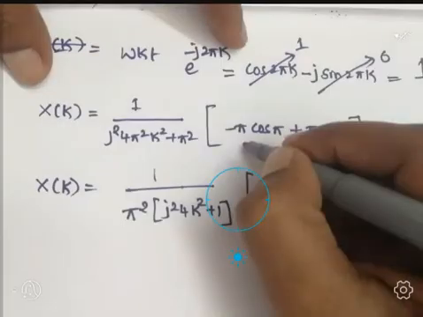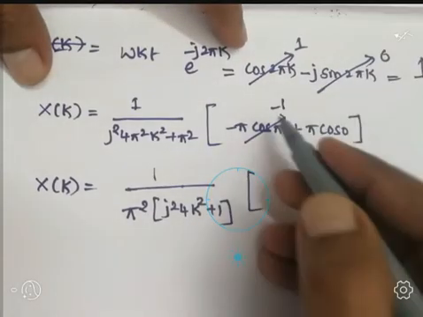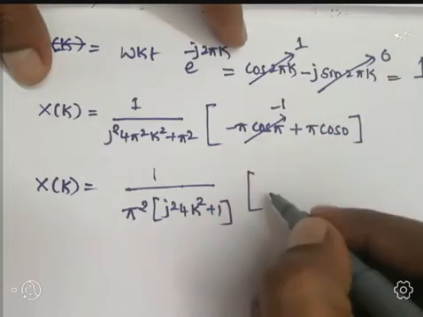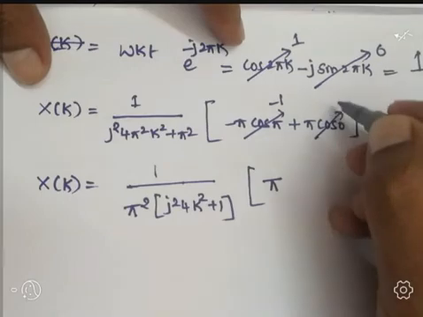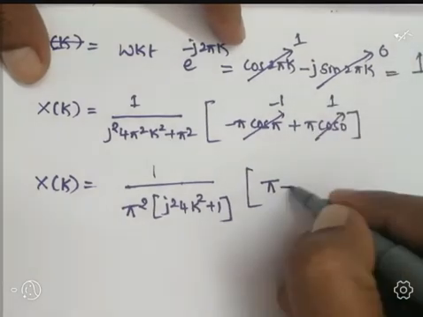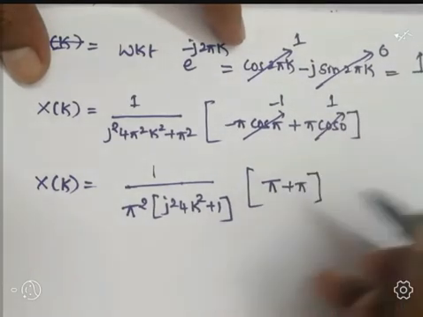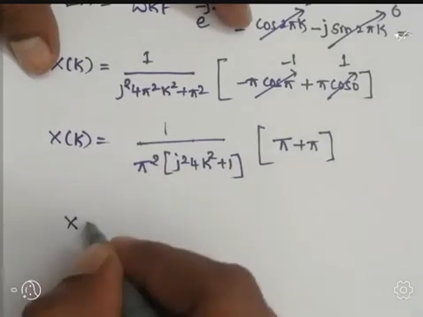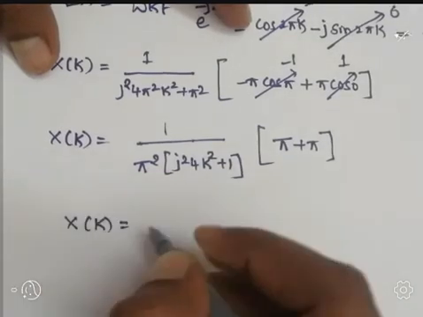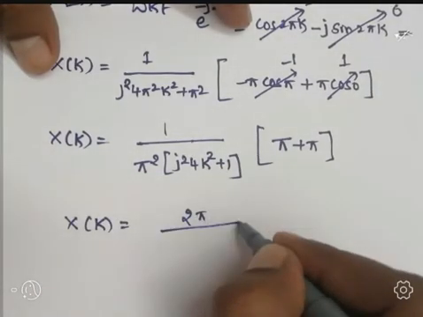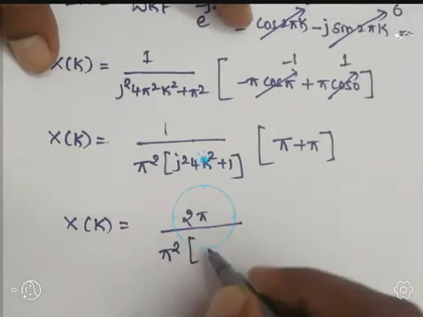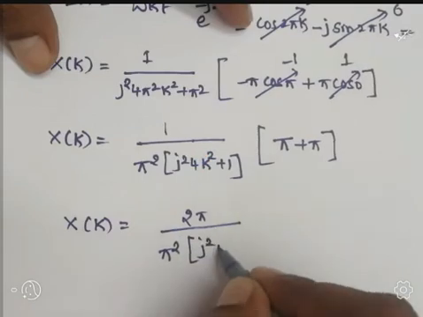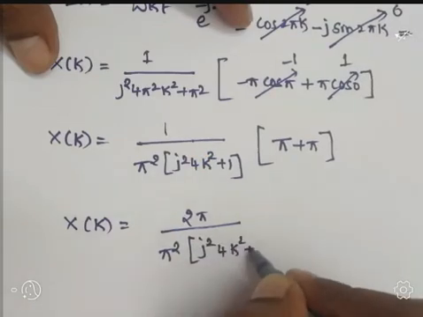Cos of pi we know that is minus 1. So minus 1 into minus pi, that results in pi. Cos of 0, we know that that is also 1. So 1 into pi, that is also pi. So for the simplification, x of k equal to 2 pi divided by pi square j square 4 k square plus 1.